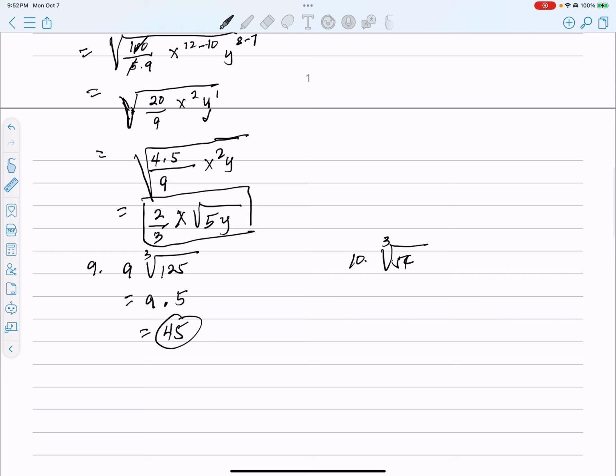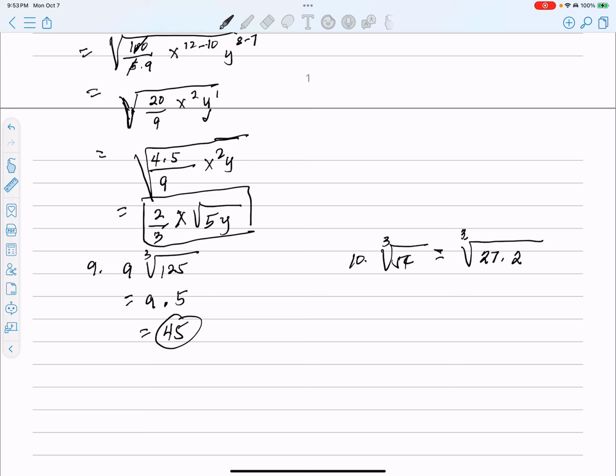How about the cube root of 54? 54 is not a perfect cube, right? Let's factor it out. If we divide 54 by 2, what do I have? 27, right? And 2.